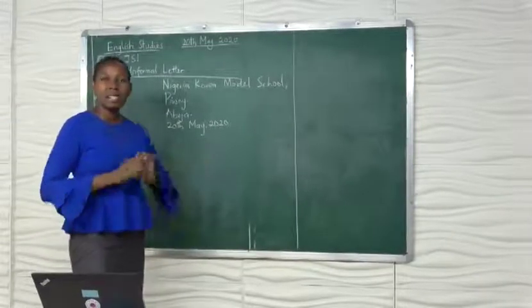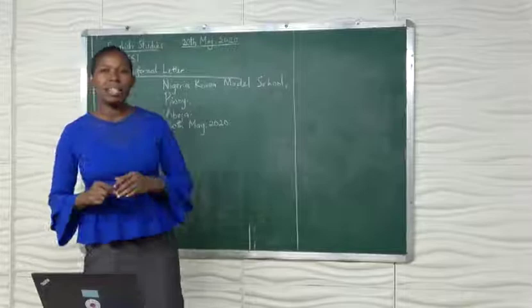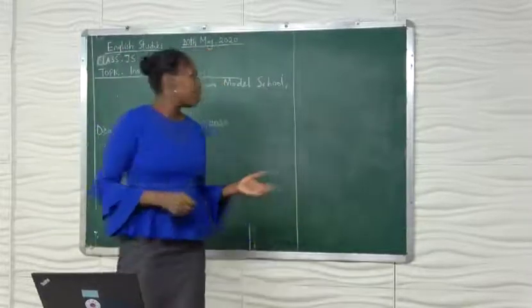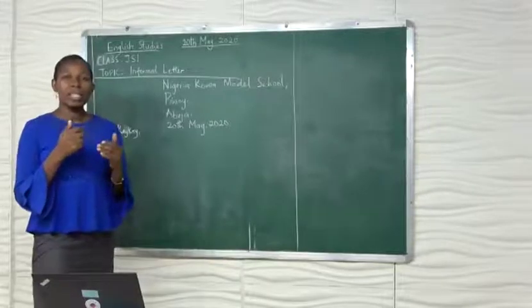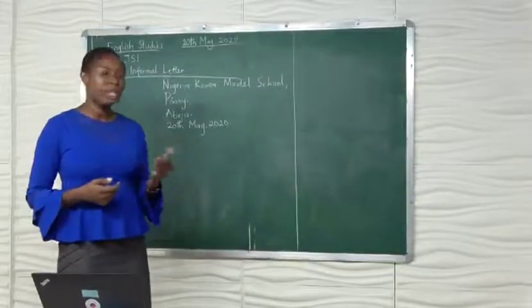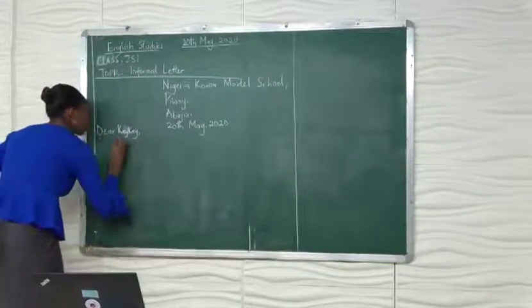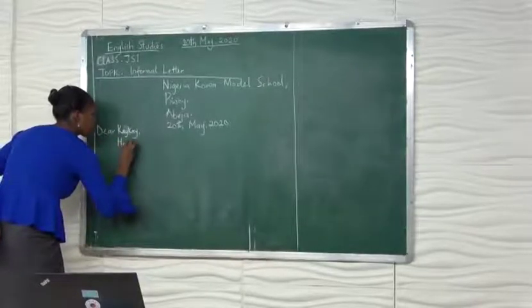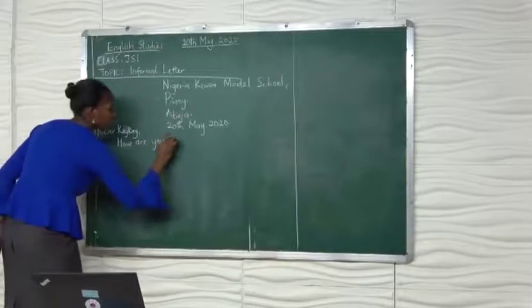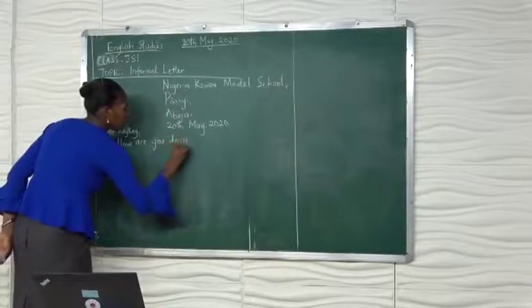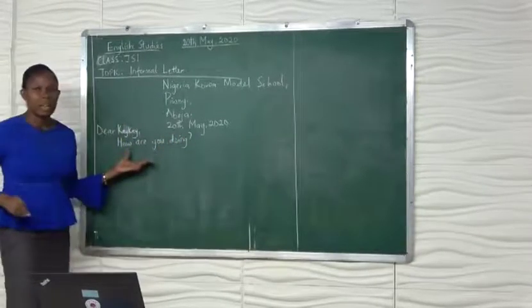Now, the next thing that follows, you go straight to the point. There is nothing like title. There is nothing like receiver's address. You go straight to the point by having some little greetings or exchange of pleasantry. This is the body of the letter.